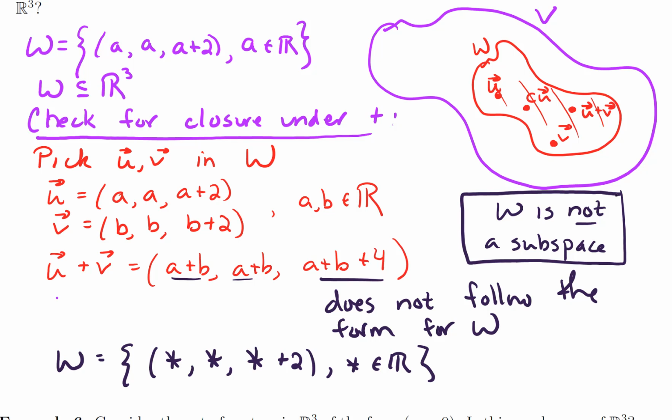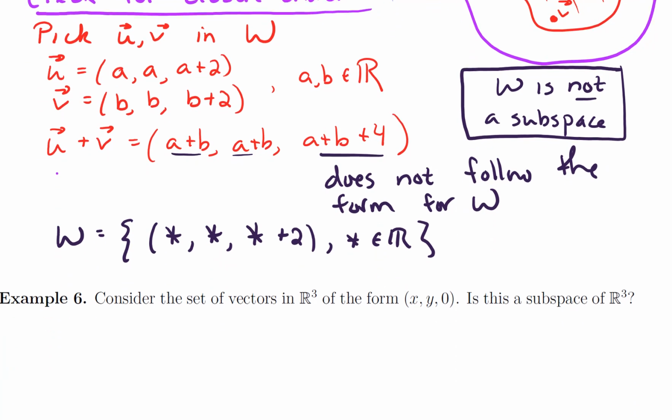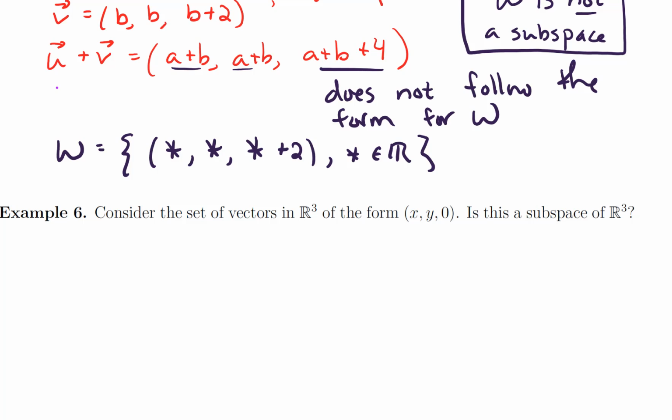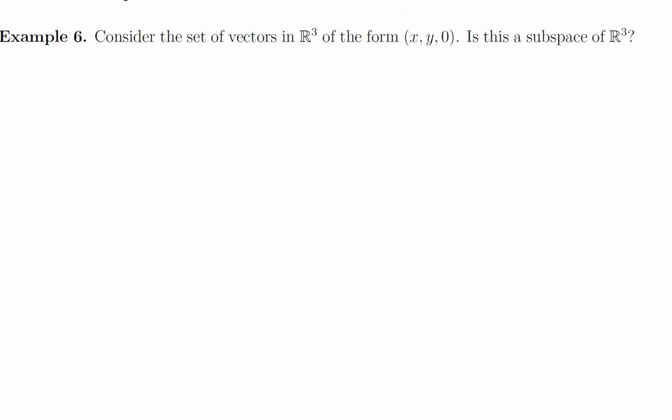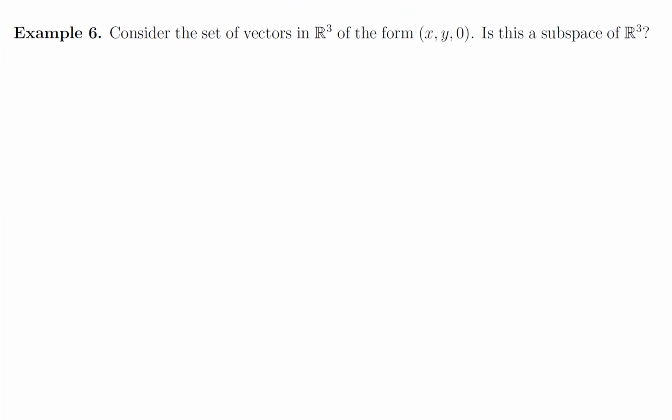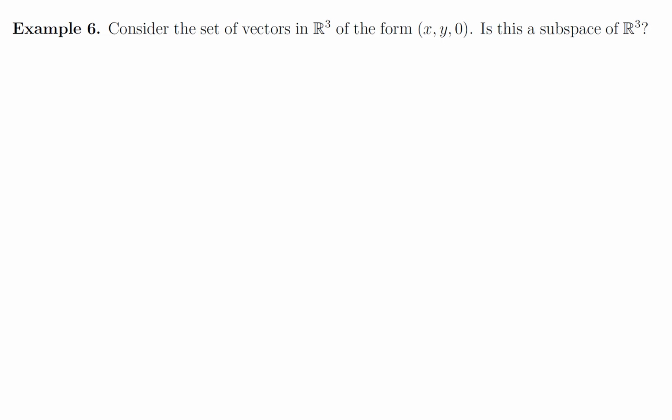Let's look at another problem. In this problem, let W be the set of vectors in R3. We've got 3 components, and these look like (x, y, 0), where x and y are any real numbers.